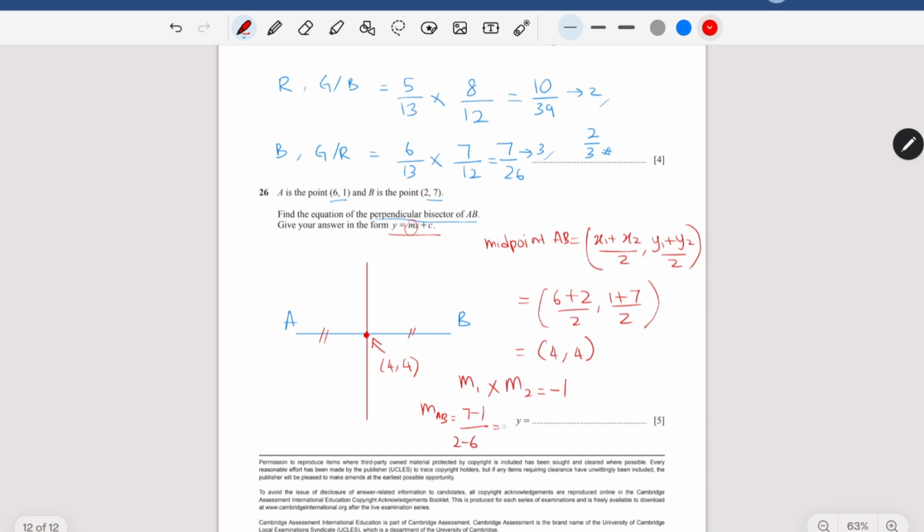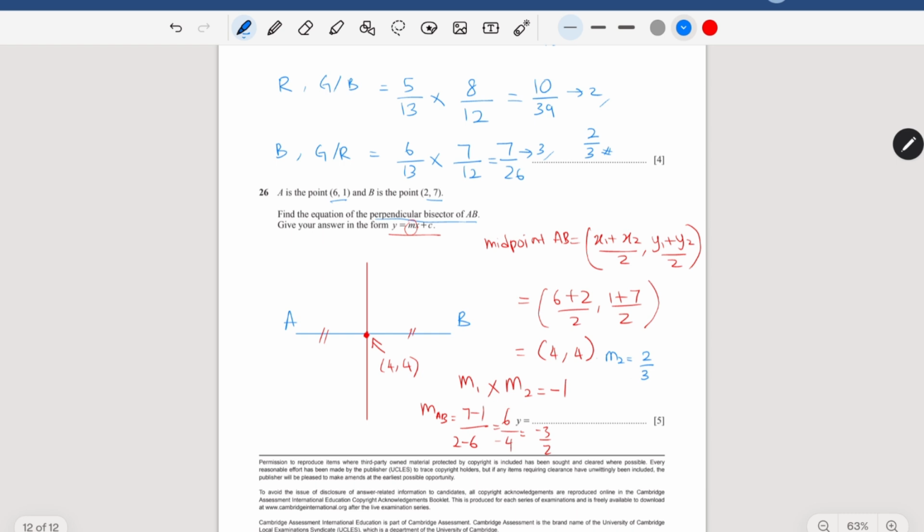So it will be 6 over -4, which equals -3 over 2. If the gradient of AB is -3 over 2, by using this formula you will know that the gradient of the perpendicular bisector, M2, is equal to 2 over 3.